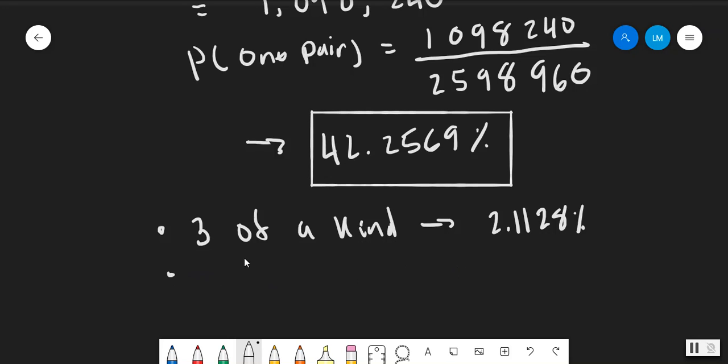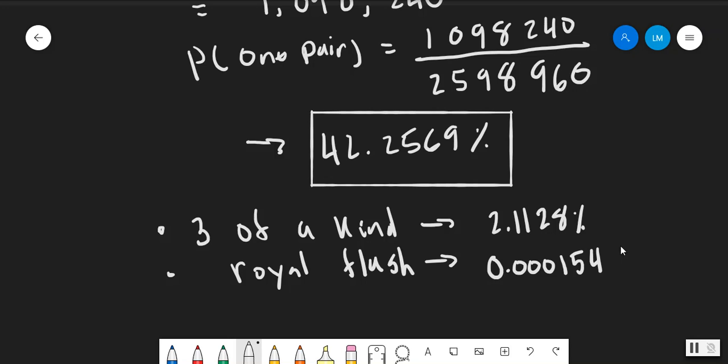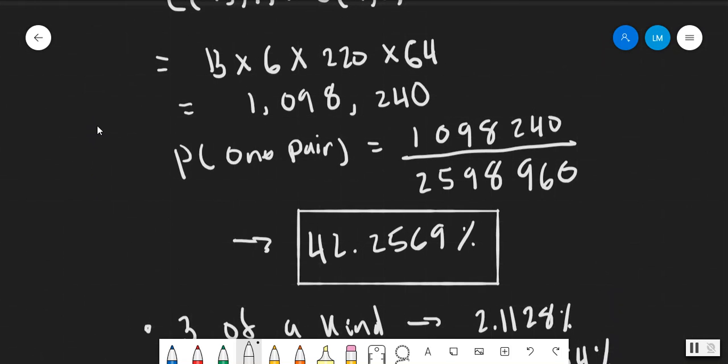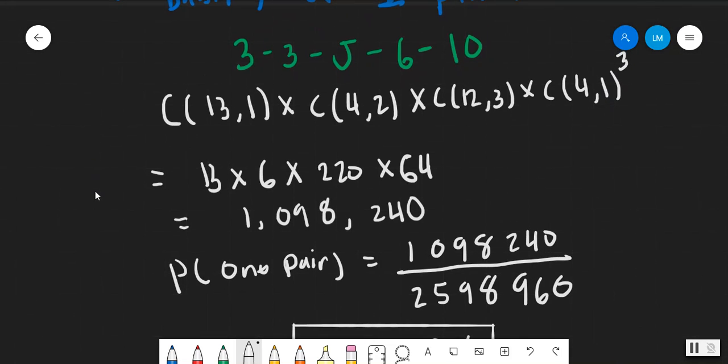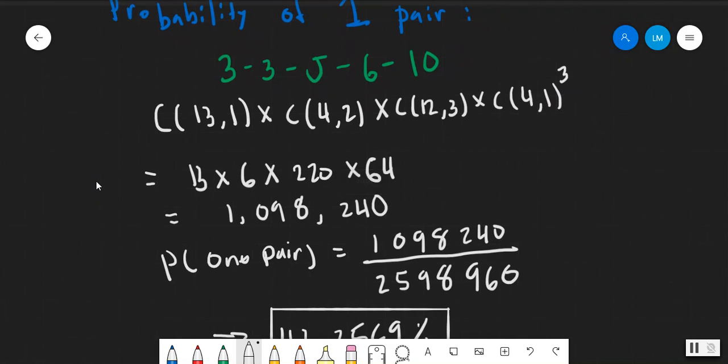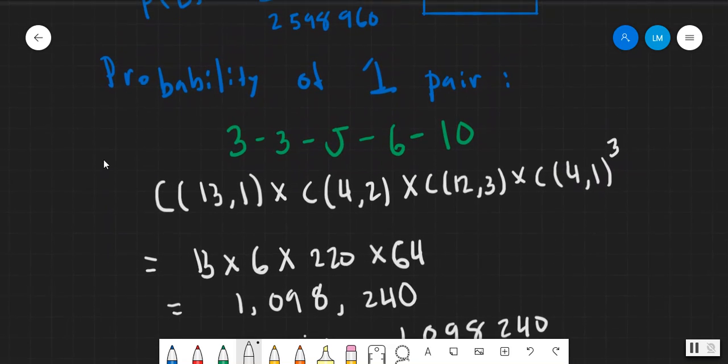And then royal flush, the probability of a royal flush is very low. It's going to be 0.000154%.